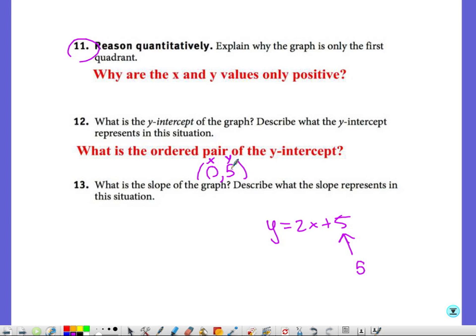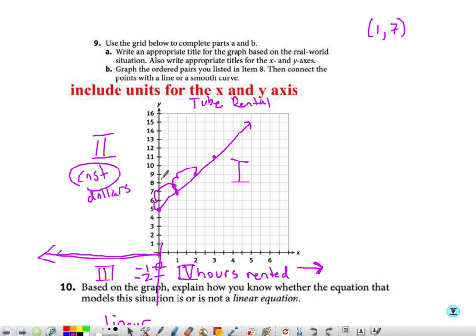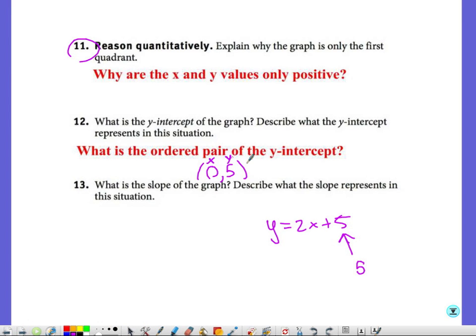So what does 5 mean? Look at your graph and tell me, what does 5 mean? Well, that's the y coordinate, which in this case is the cost, and the x represents the hours. So I'll leave it up to you to interpret the rest of that.